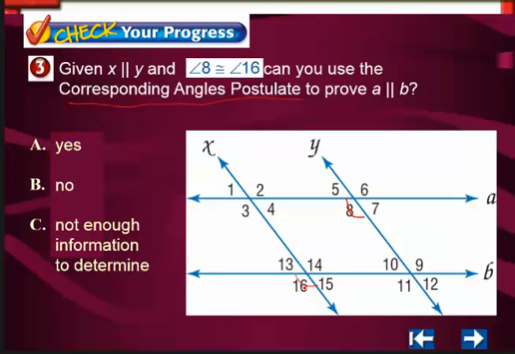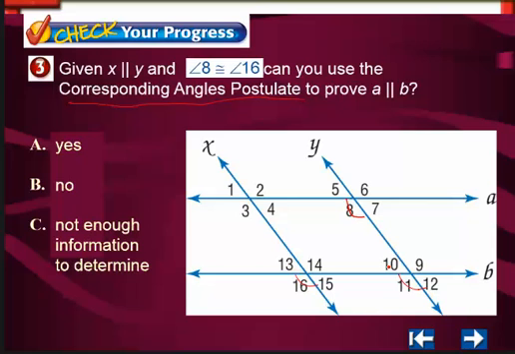If x and y are parallel, then angle 16 and angle 11 are going to be congruent. Angle 11 and angle 8 are congruent, therefore A and B must be parallel.